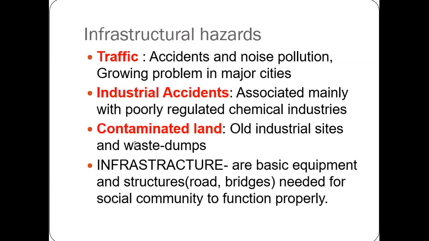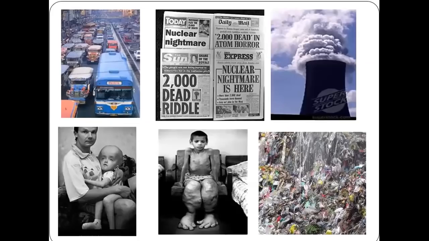Contaminated lands are old industrial sites or lands that are usually used to dump waste. Or these are agricultural lands that are heavily bombarded with pesticides or herbicides that remain in the soil for quite some time. Okay, so take note of this. Infrastructure can lead to accidents and noise pollution.